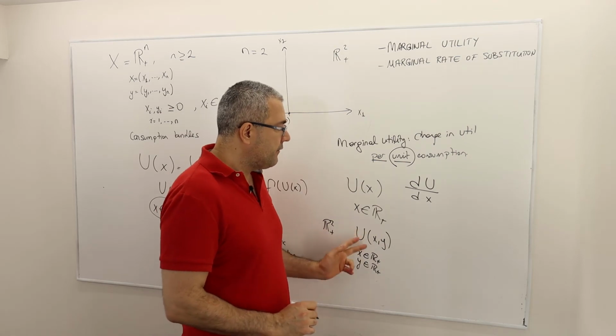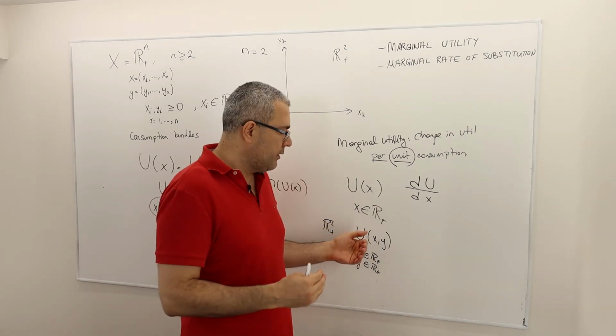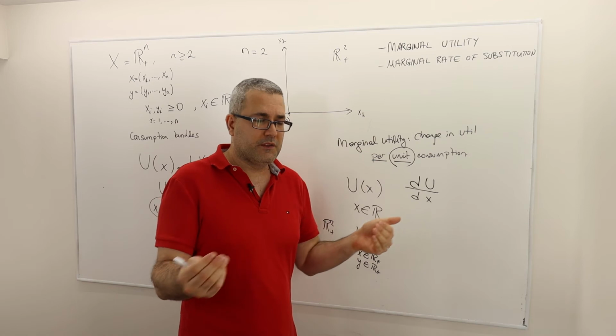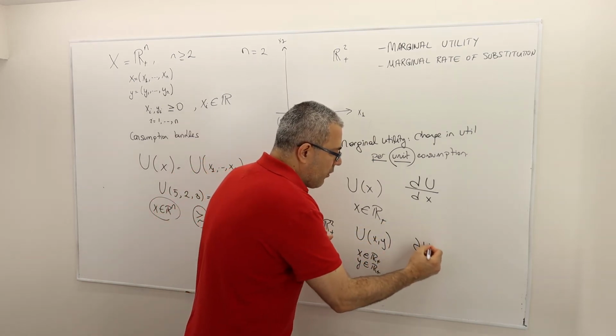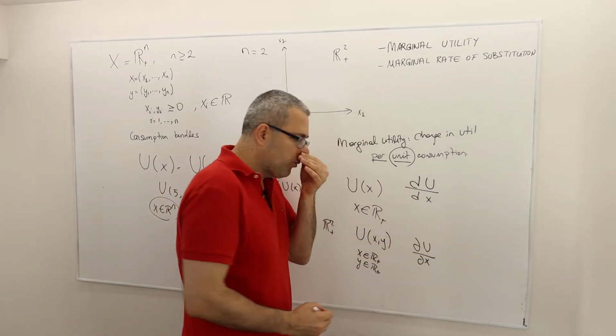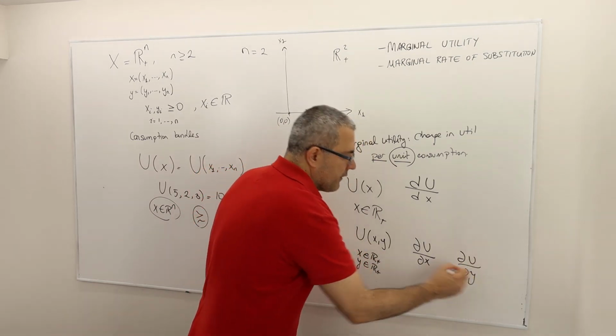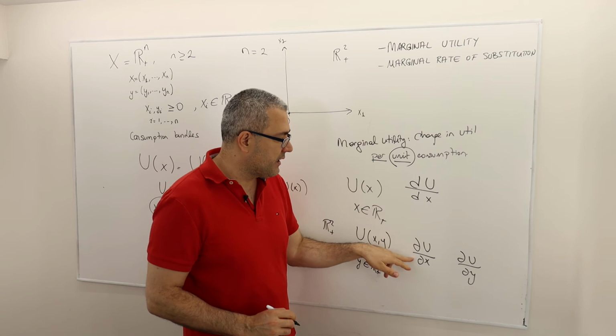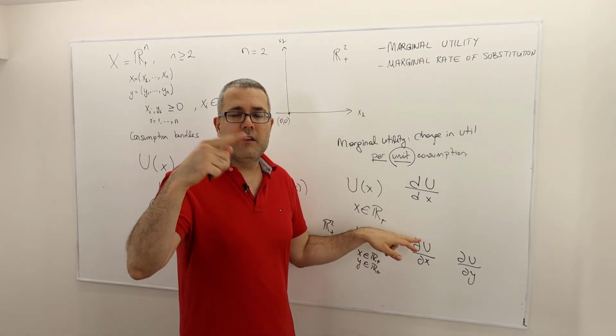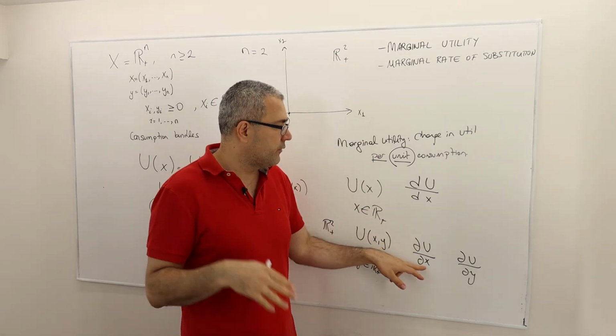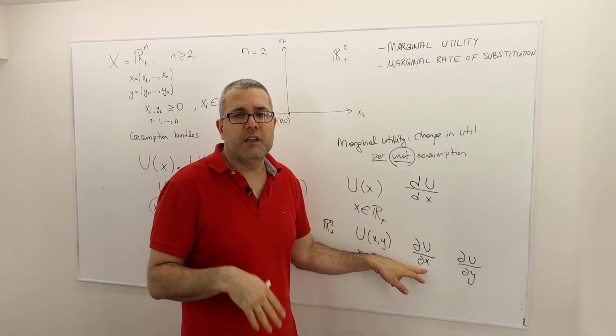If this is the case, meaning I consume two different goods, apples and bananas, then I can talk about my marginal utility with respect to apples and with respect to bananas. This is the percentage change in the value of the function per unit change in the variable.